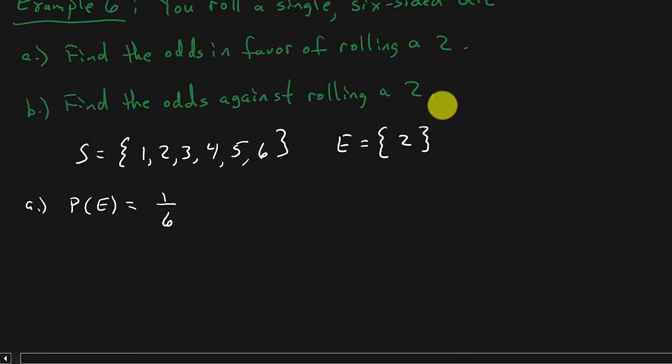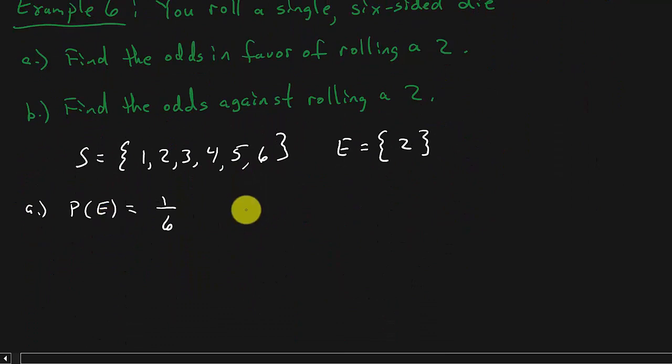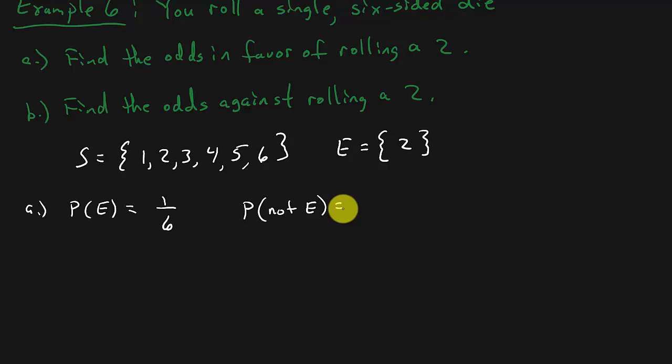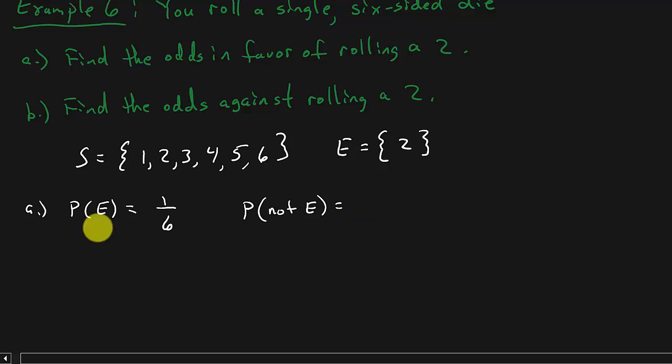So I've got the probability of E, but I need the probability of not E. And this is actually where that complement rule that we learned at the first is going to come in handy here. Because if we've got the probability of E, then the probability of not E is 1 minus this probability, which is 5/6.